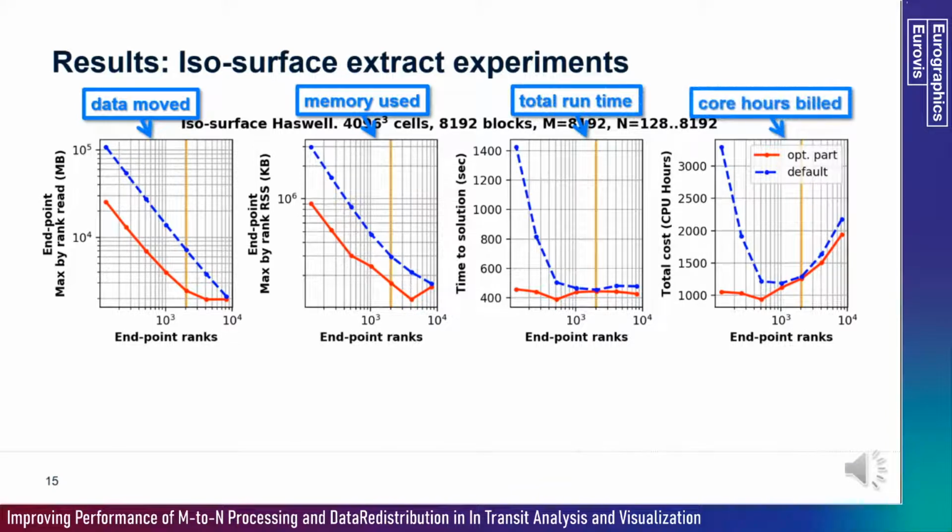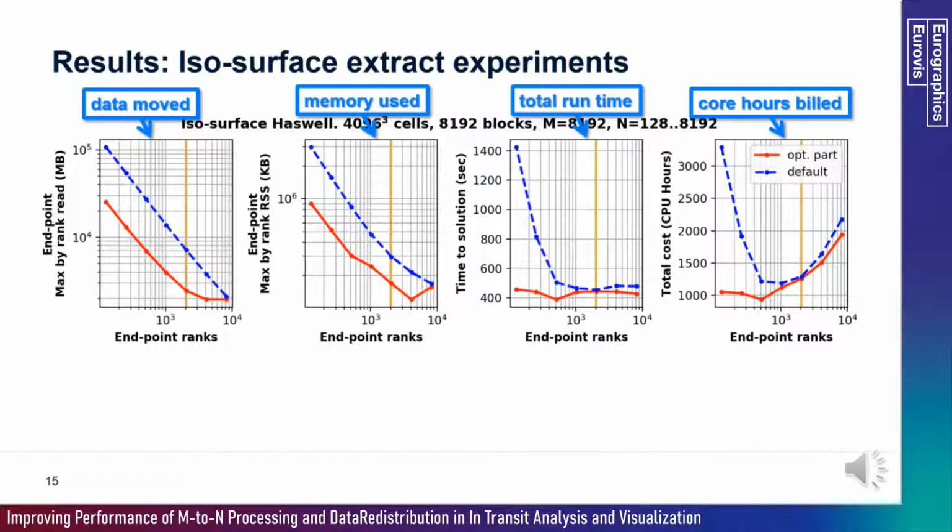In this slide, we present the results of the series of isosurface extract experiments. The slide shows 4 plots, one for each of our 4 performance metrics of data moved, memory used, total runtime, and core hours billed. In this slide and all those that follow, we use the same coloring scheme. Results obtained with the optimized partitioner are shown in red, and results obtained with the default partitioner are shown in blue.